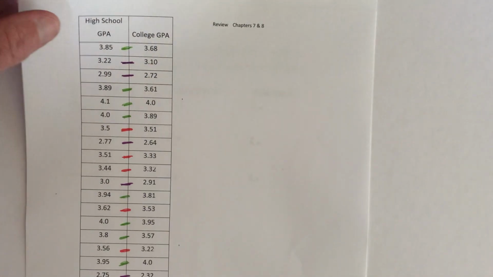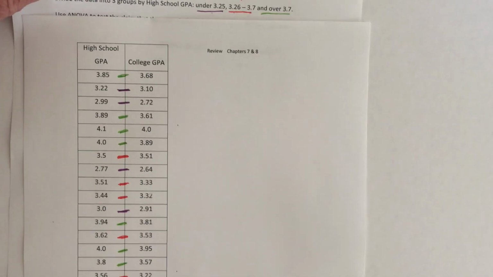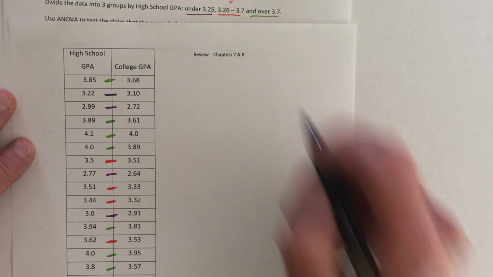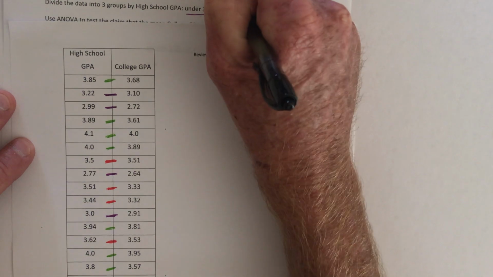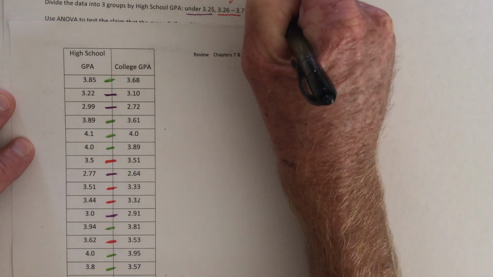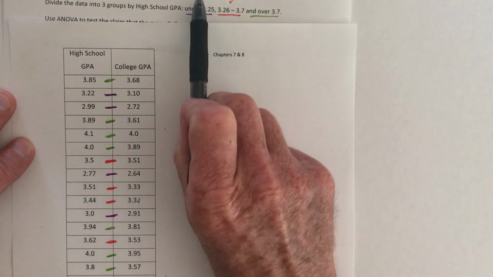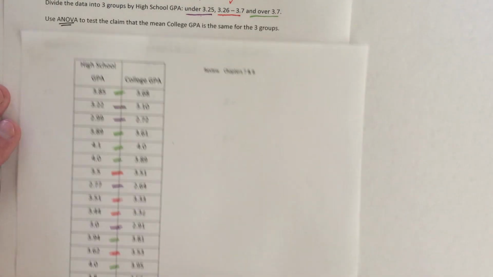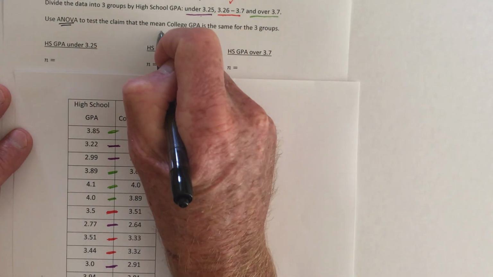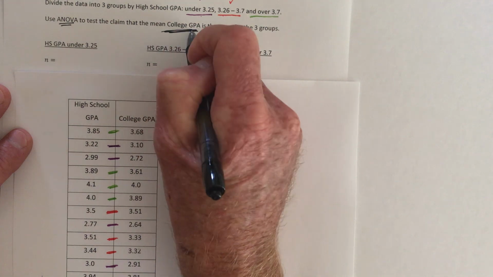Now what I need to do is type those into the calculator. So this is going to be list 1, and then this is going to be list 2, and then this is going to be list 3. So list 1 is all the purple people. But notice that I ask you about their college GPA.